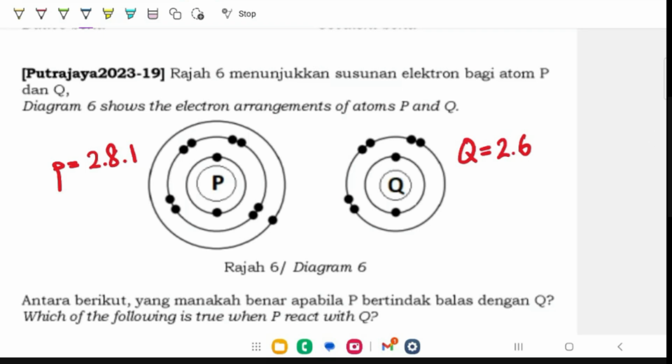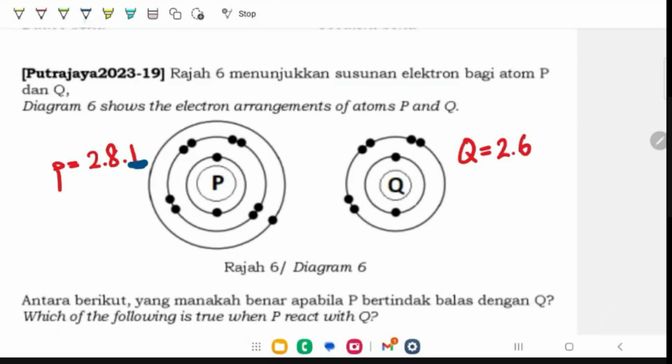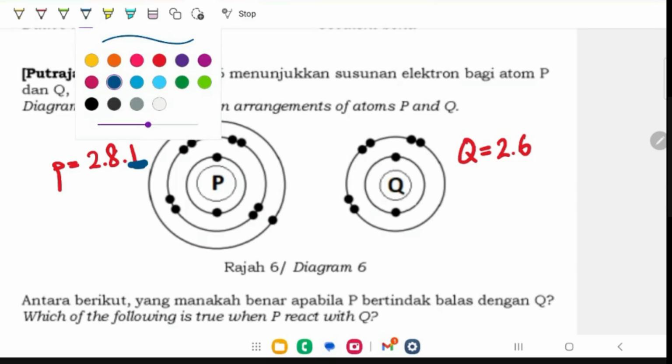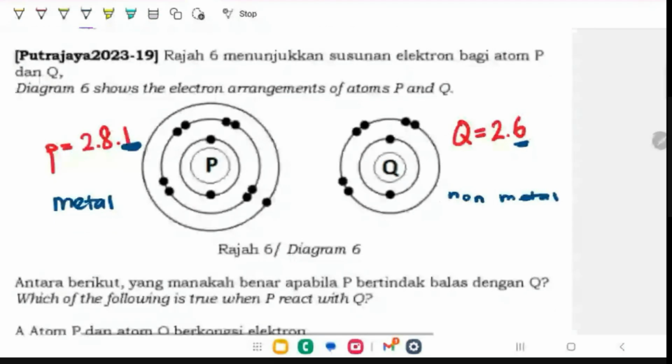So the P atom is 281, group 1, meaning it has 1 valence electron, so this one is a metal. This one, 26, is group 16, so it's a non-metal. So metal with non-metal is ionic.